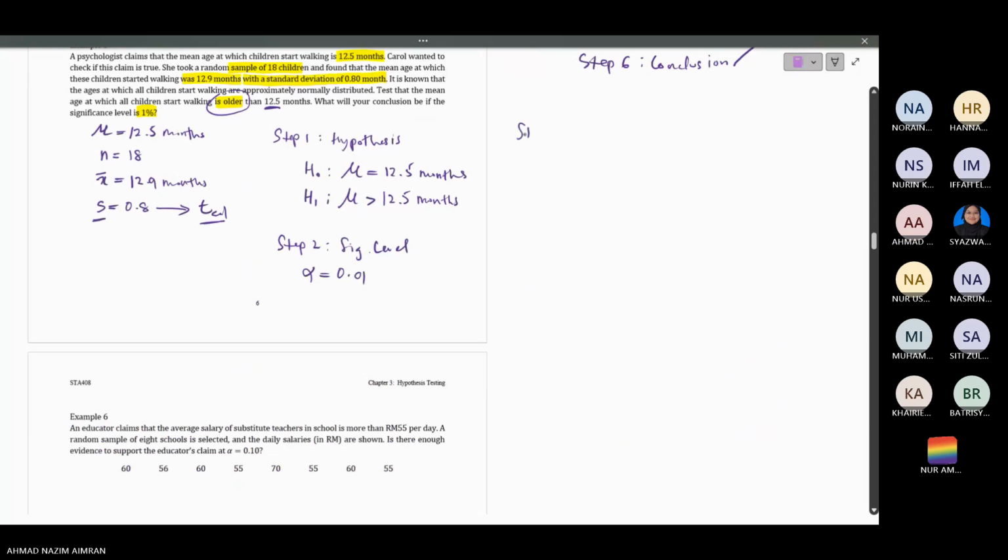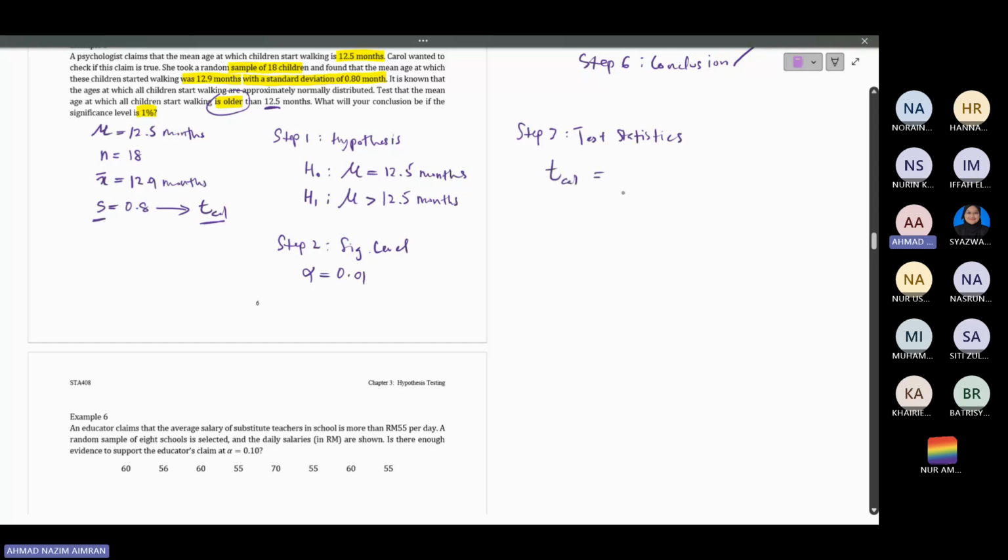Step 3 is the test statistics. So instead of calculating the Z calculated, we need to calculate the T calculated.